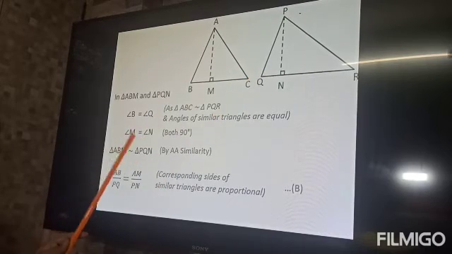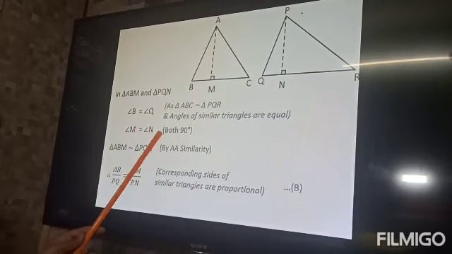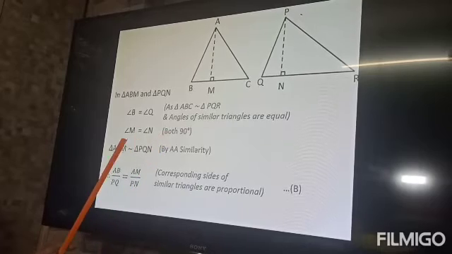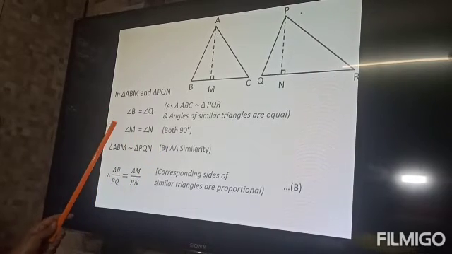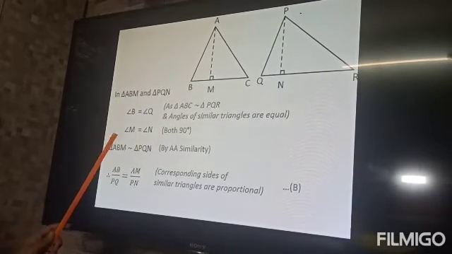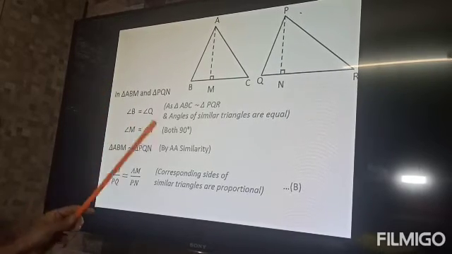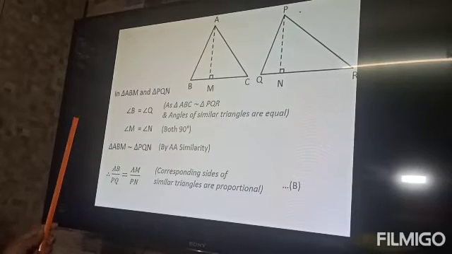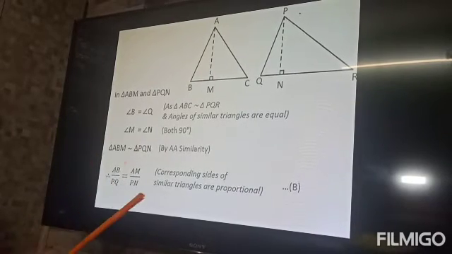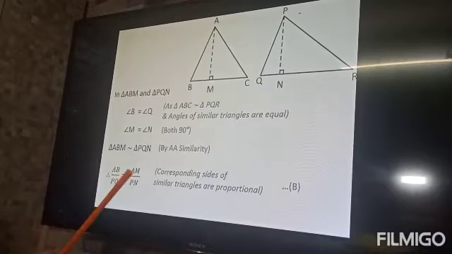Therefore, these two are equal to each other. Both are 90 degrees. Then in one triangle, two angles are equal to corresponding two angles of the other triangle. Then the remaining angle will be equal to the remaining angle, meaning the third angle will be equal to the third angle.